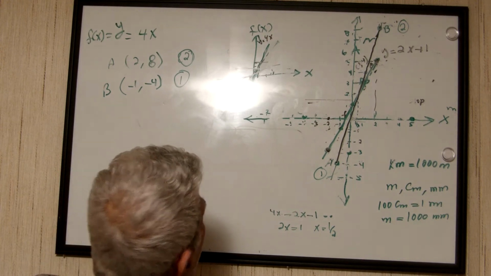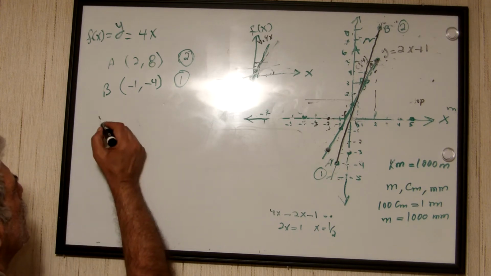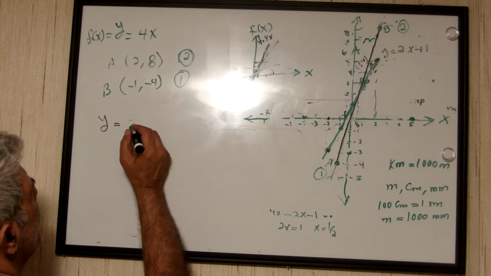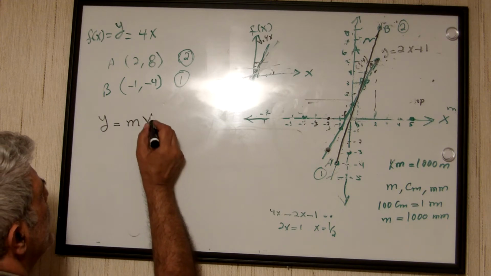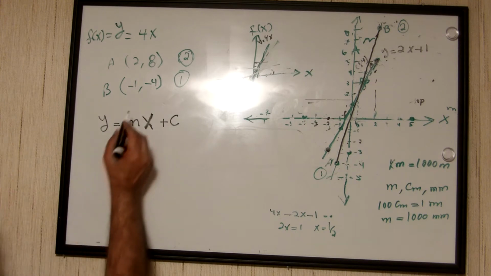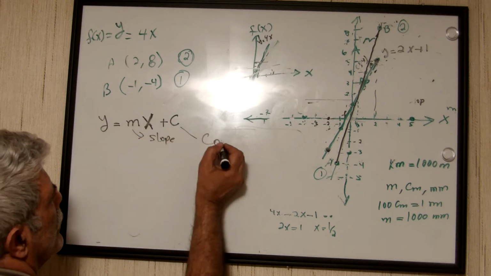If you want to find the equation, the general formula of a linear equation is m times x plus c. This is the slope and this is the constant.